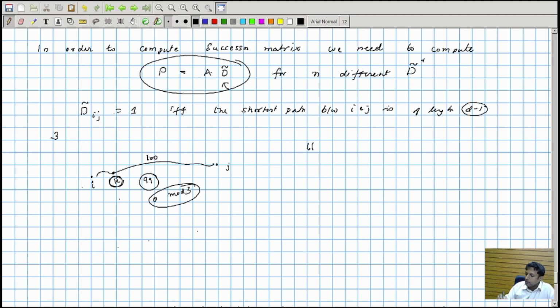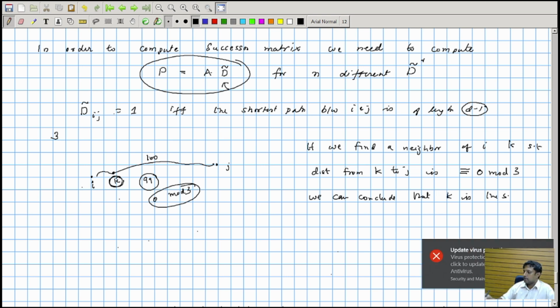So if we find a neighbor of i, and we call the neighbor k, such that the shortest distance from k to j is congruent to 0 mod 3, we can conclude that k is a successor.